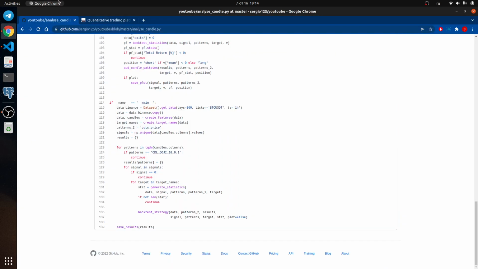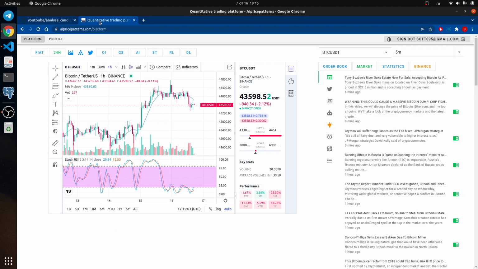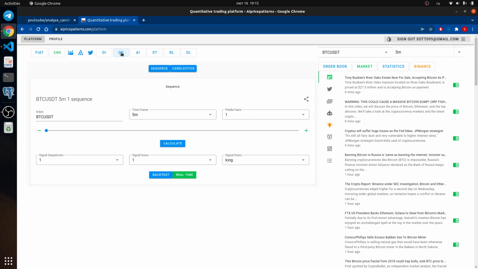But maybe this part is difficult for some traders, so I decided to implement these main ideas in a web interface. We could use grid search, and we have two options: sequence and candlestick.